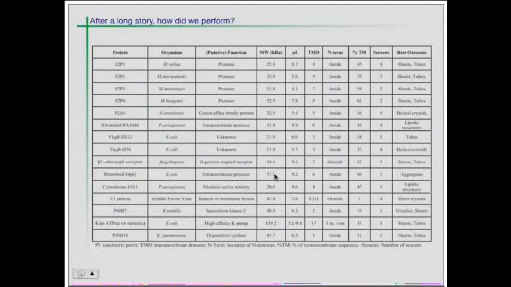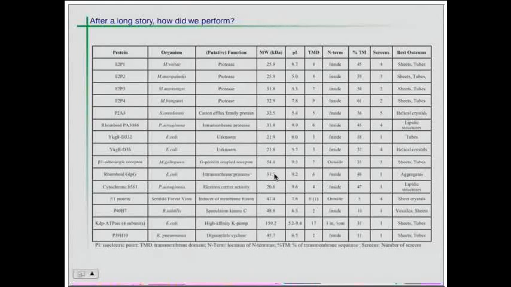So after a long story, how did we perform? Well, you can see that this is the best outcome that we obtained for all these membrane proteins. We obtained diffracting crystals for 3 of them, and we obtained sheets and tubes with parallel edges for many of them.